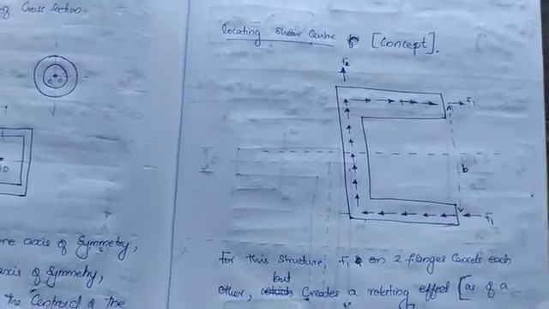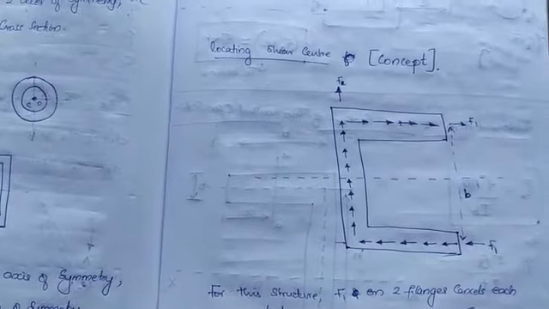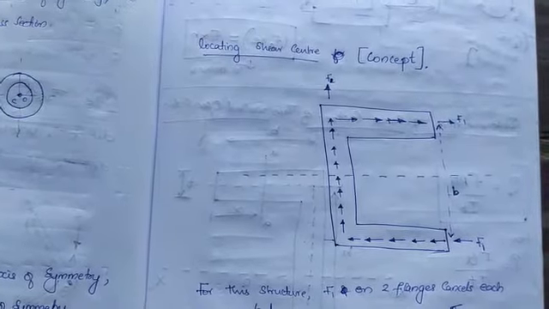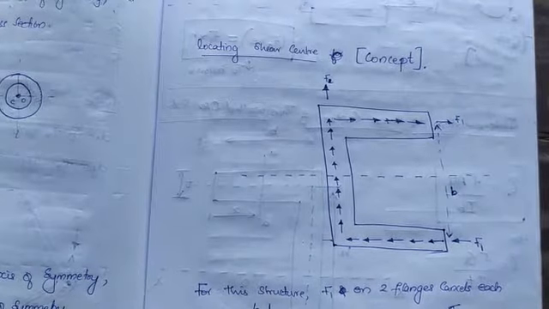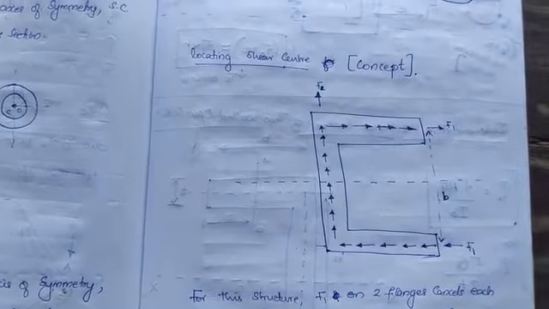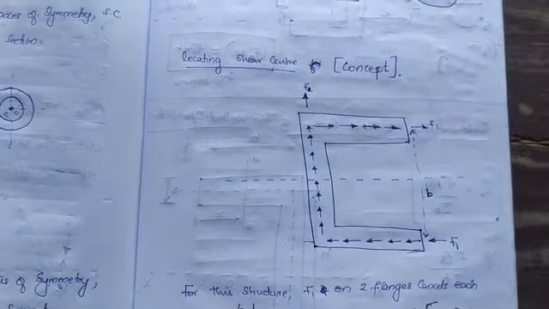So the shear center should be a point such that the total twist of the system is eliminated.